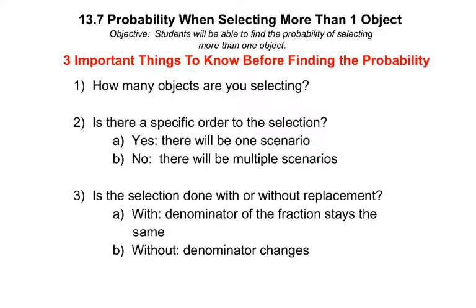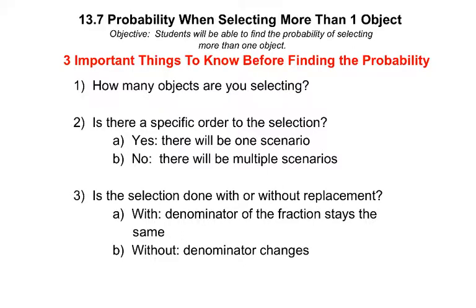So if the answer to the order is yes, then we have one scenario in that probability calculation. An example of that would be, what's the probability you pull a 4, then a king? Okay, so there's a specific order to that. The 4 has to be pulled first, followed by the king second.